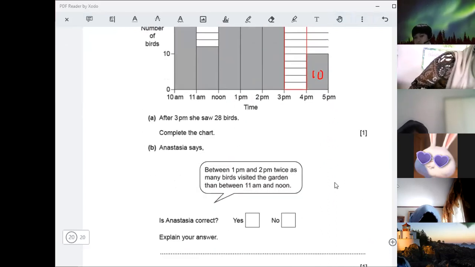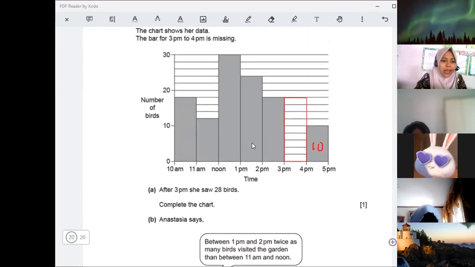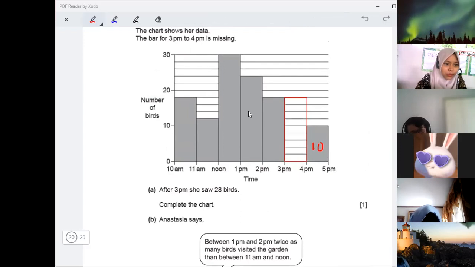And then now this one, Anastasia said between 1 p.m. and 2 p.m. twice as many birds visited the garden than between 11 and noon. 1 p.m. to 2 p.m. is this. 11 to the noon is this one. Ini berapa? 24 ya?